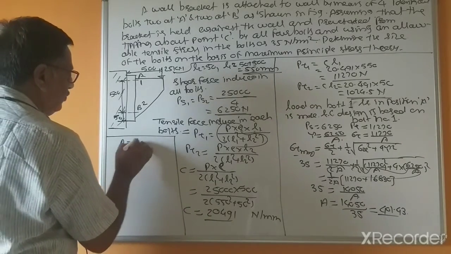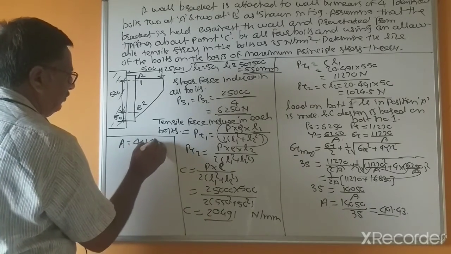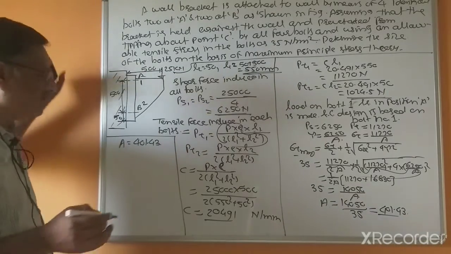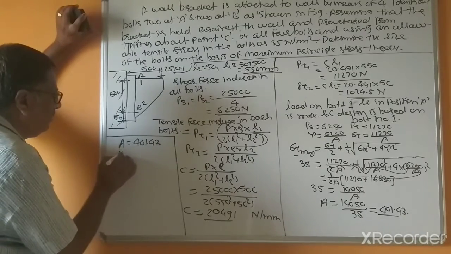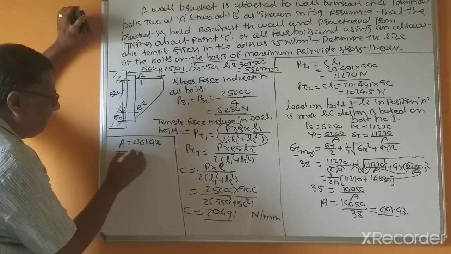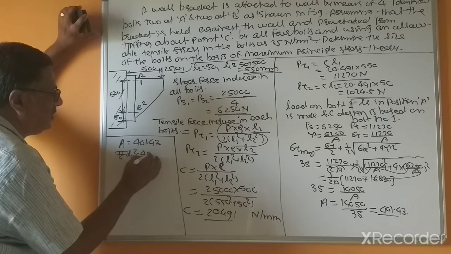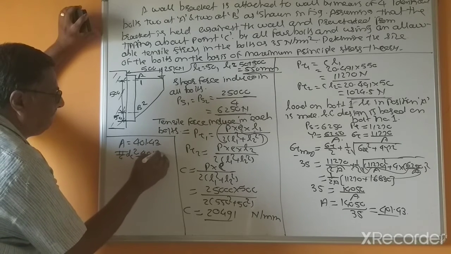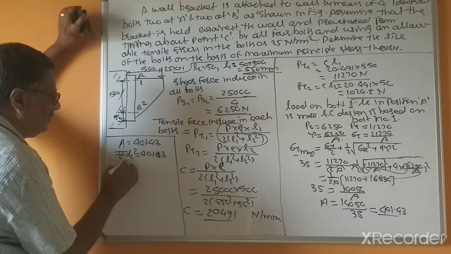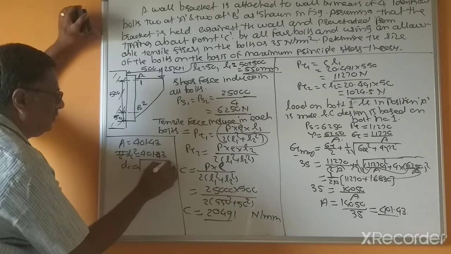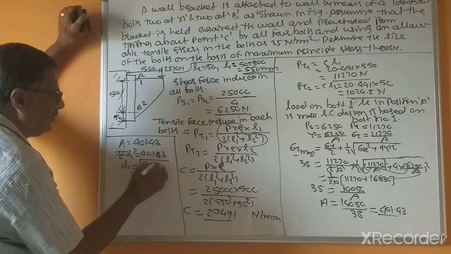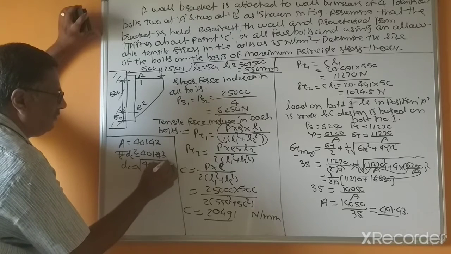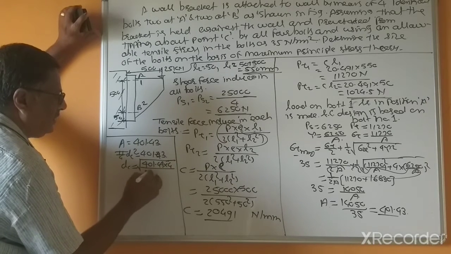A equal to 401.43. Now A is nothing but pi by 4 into DC squares, or DC equal to square root of 401.43 multiplied by 4 divided by pi.